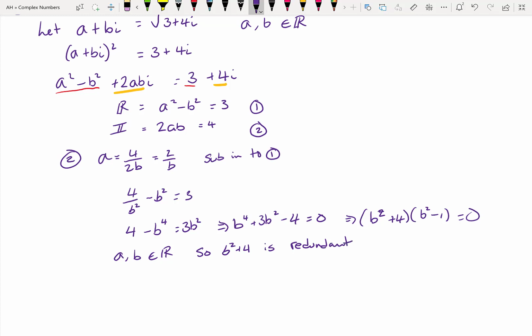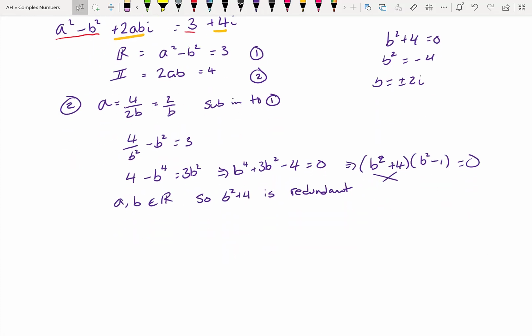If I try and solve b squared plus 4 equals 0, I'm going to end up getting b squared equals minus 4, and then I'm going to do the square root, and so b equals plus or minus 2i, and that's not a real number. It's a complex number, and so we can rule out that first one, and so the b squared minus 1 has to be the thing that we're interested in here. So b has to be 1.